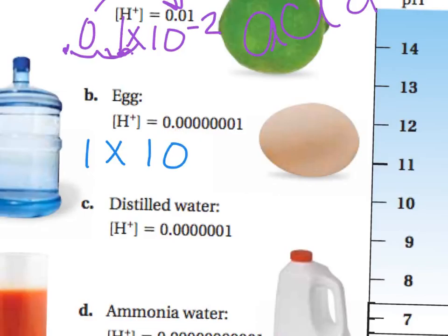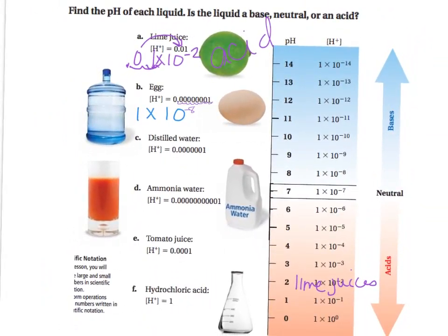So let's count that: 1, 2, 3, 4, 5, 6, 7, 8. 8 to the left, so it's 10 to the -8, and over here, this is 10 to the -8 right there. So this one's at an 8, and that looks to be a base, right? The only neutral one is right here, so that's just into the bases. So we'll call this one a base.